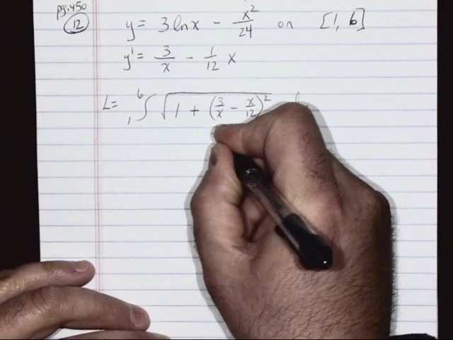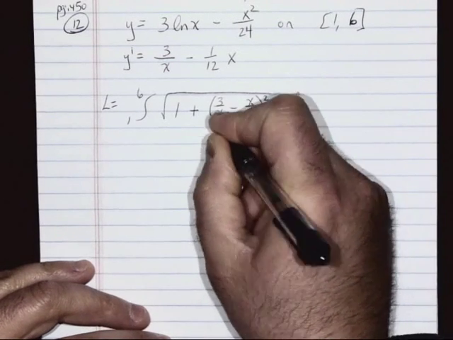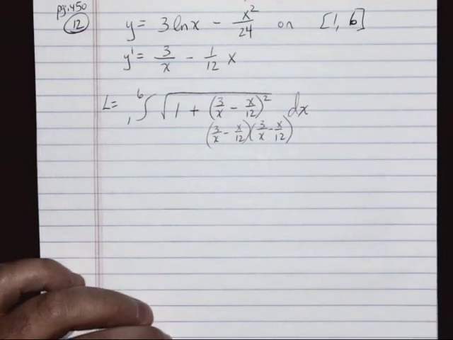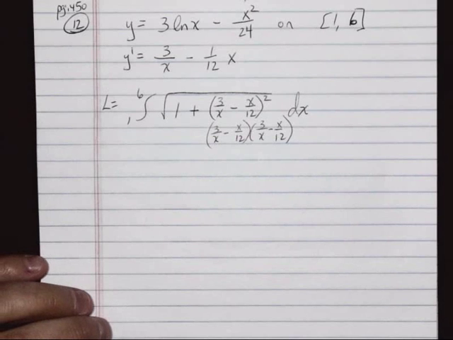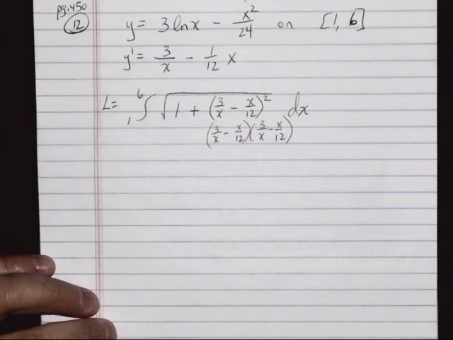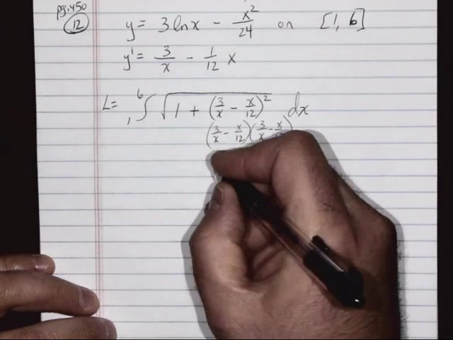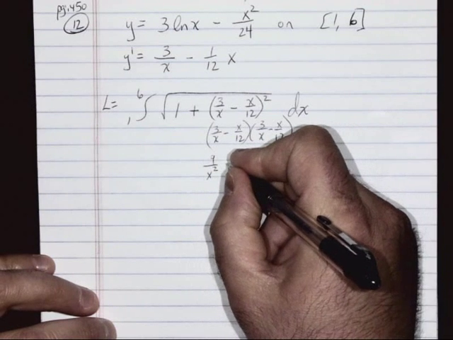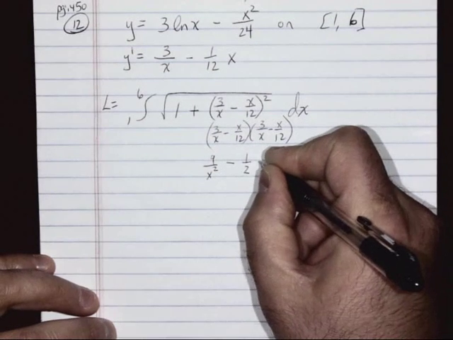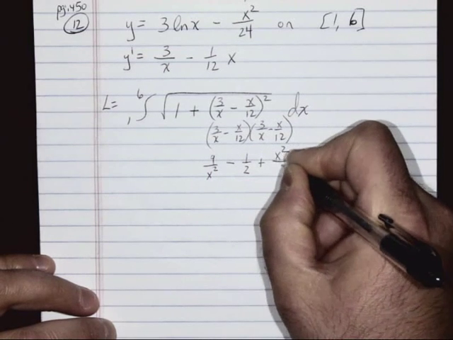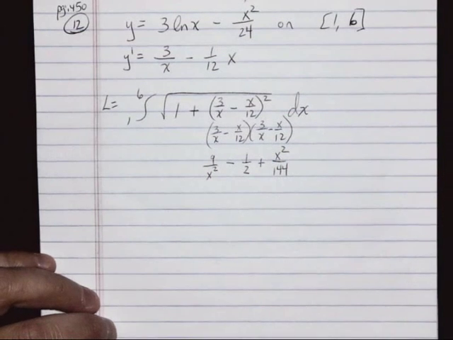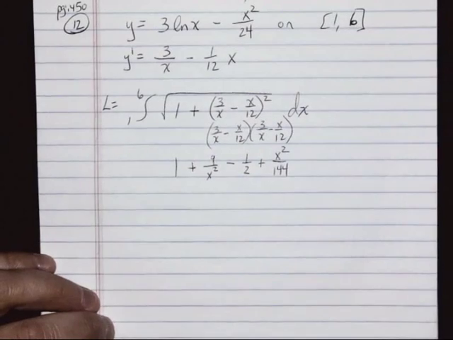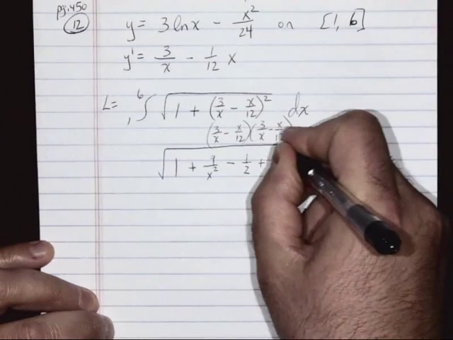So 3 over x minus x over 12 times 3 over x minus x over 12, expand that using a FOIL or whatever you do there. And so that's going to give you 9 over x squared minus 1/2 plus x squared over 144. And then of course don't forget to add the 1 that's still there, and then that's all under the square root still.